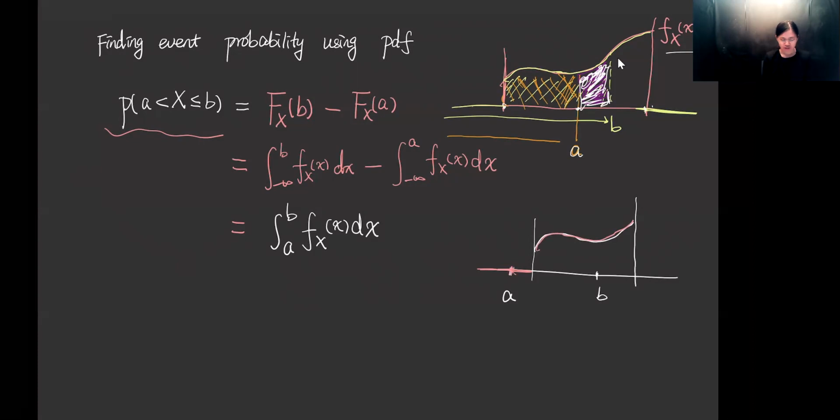Then the probability that x belongs to the a to b interval is still the integral of the PDF on this a to b interval.